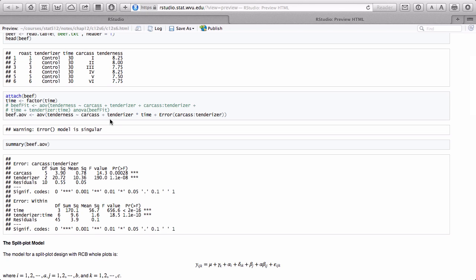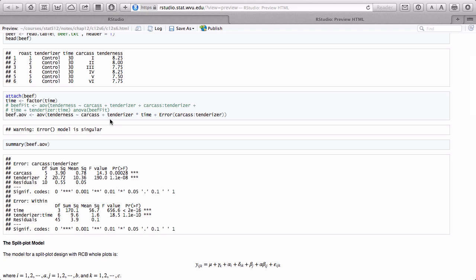So what's happening here is that we break it into what's called a whole plot in the top, and the bottom part is what we call the subplot. In the top, we have the completely randomized design. If you look at that top part, it's exactly like a completely randomized design.